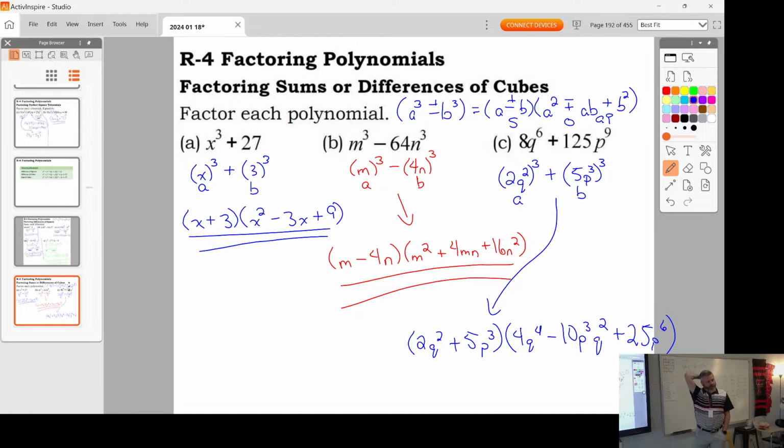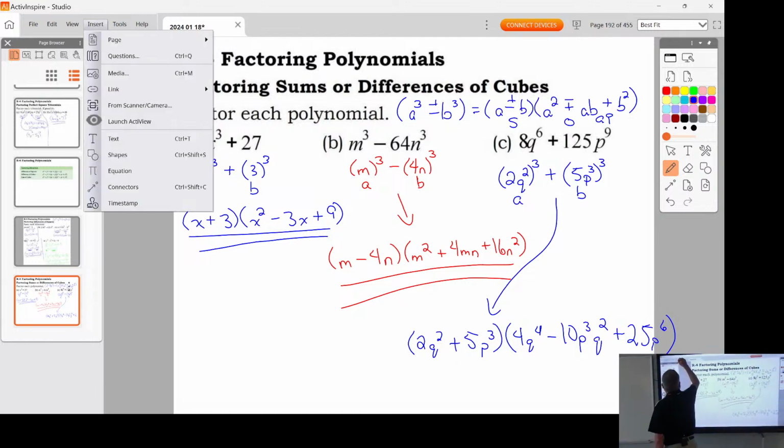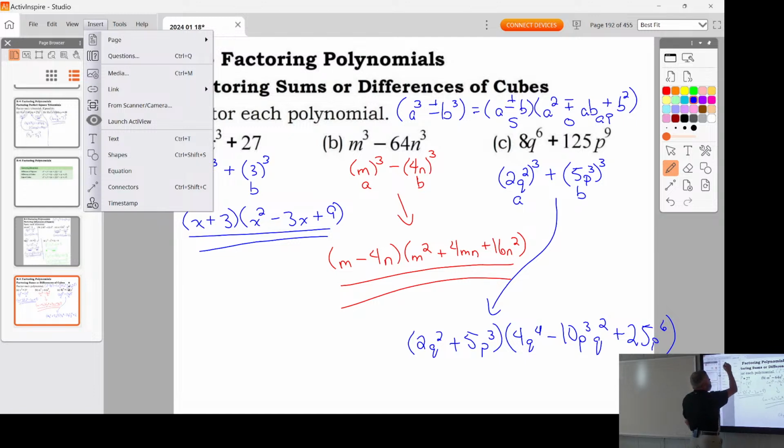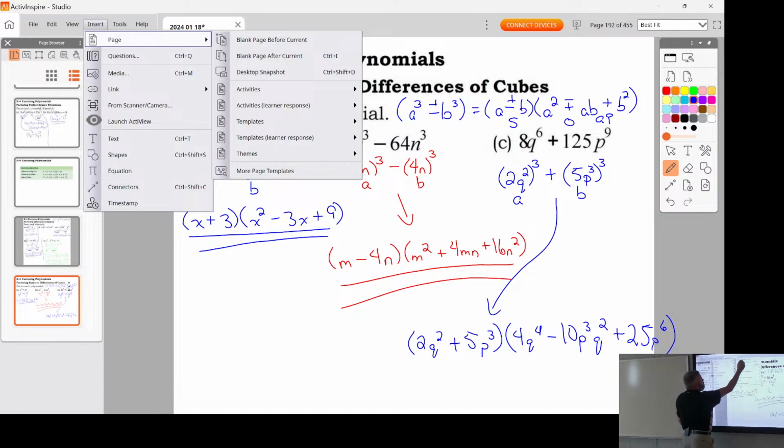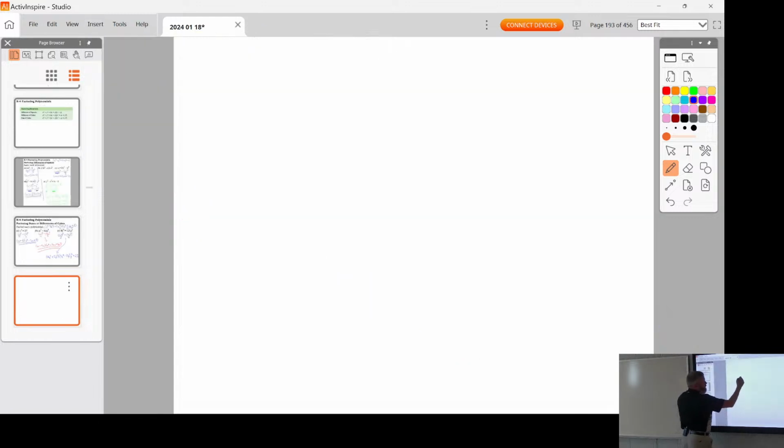When you raise a power to a power, you multiply them. When you're just multiplying, you add. So if I had p to the 3rd to the 4th, that means p to the 3rd times p to the 3rd times p to the 3rd times p to the 3rd.